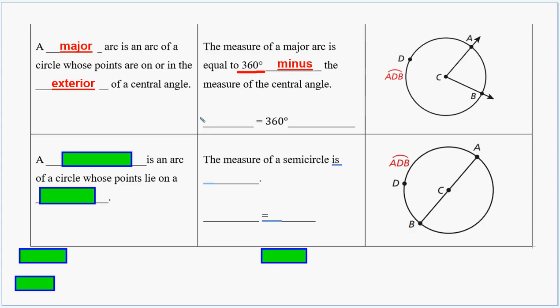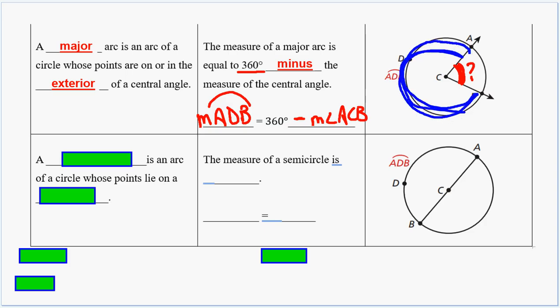So here we could fill this in. The measure of arc ADB is equal to 360 minus the measure of angle ACB. Oops, that's supposed to be a B. So we find this angle, whatever it is, call it a question mark. We would subtract that from 360, and that would give us the arc that goes around the rest of the circle.